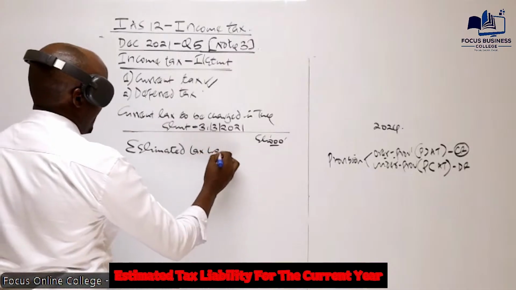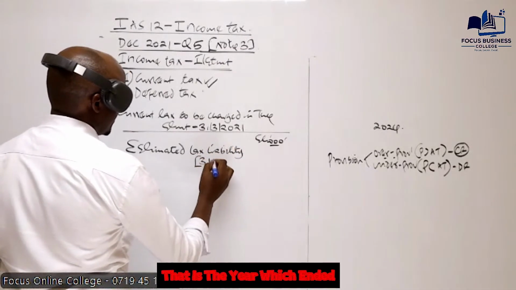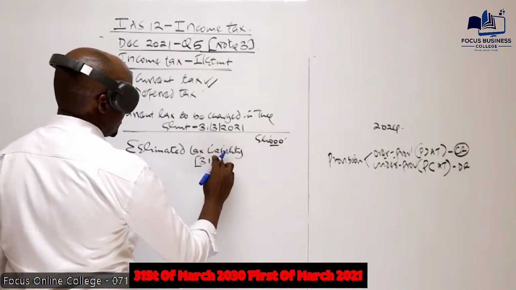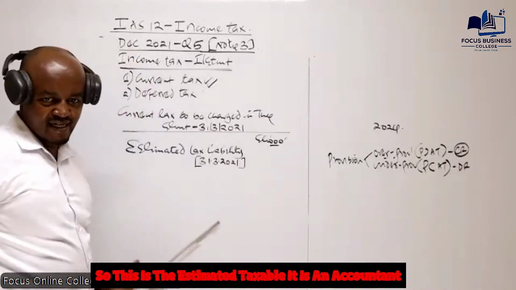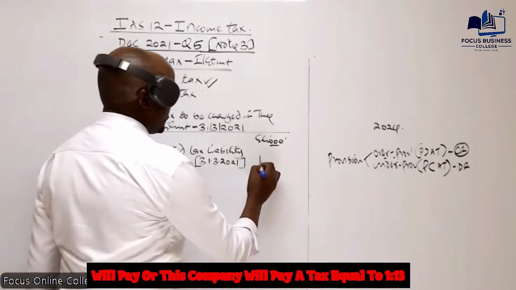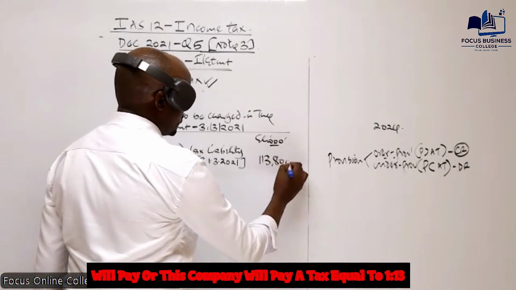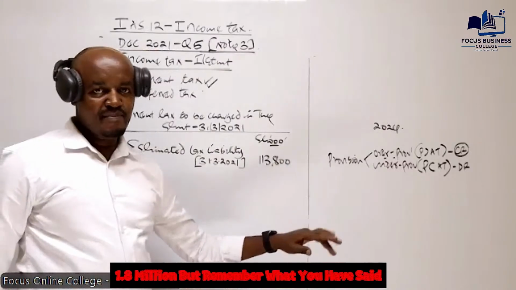Estimated tax liability for the current year. That is the year which ended 31st of March 2021. So this is the estimated tax liability. As an accountant, you estimated that during the current year, this company will pay a tax equal to 113.8 million.